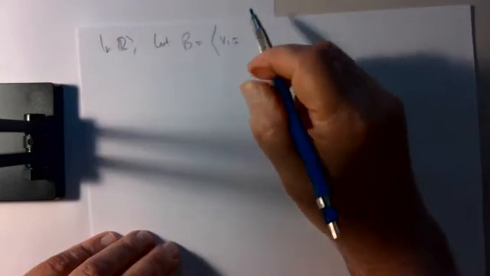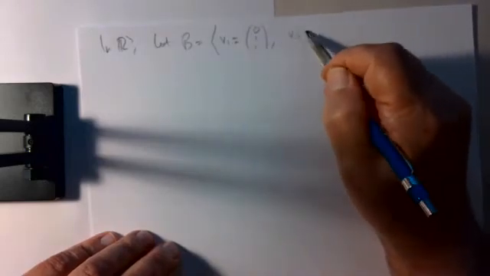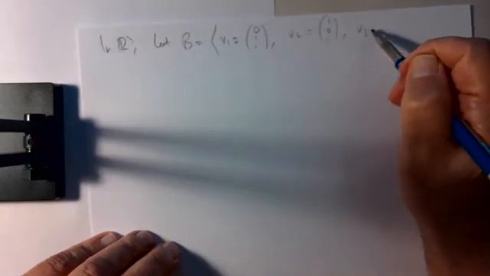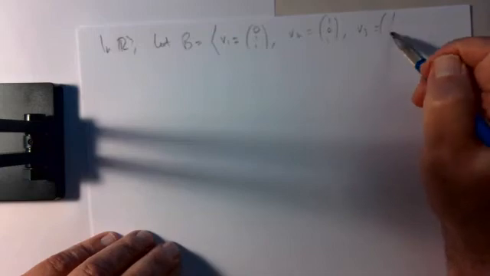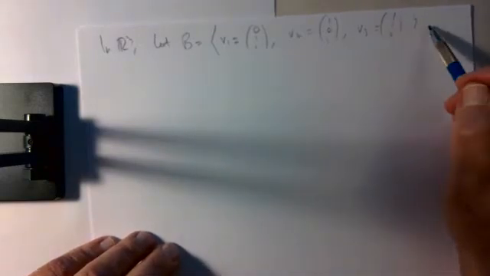So v_1 is (0, 1, 1). v_2 is (1, 0, 1). And v_3 is (1, 1, 0). So this is a basis.